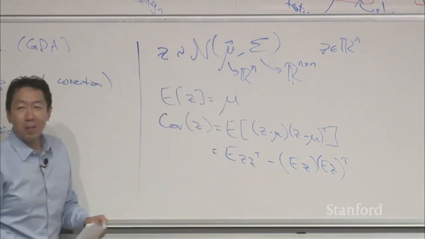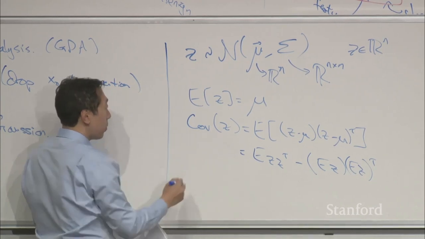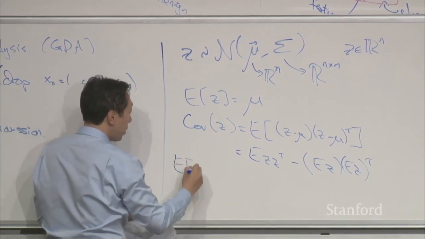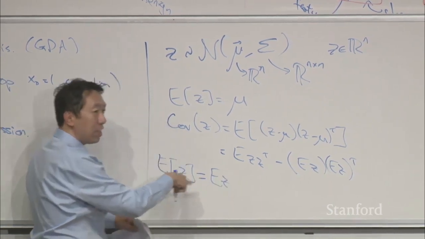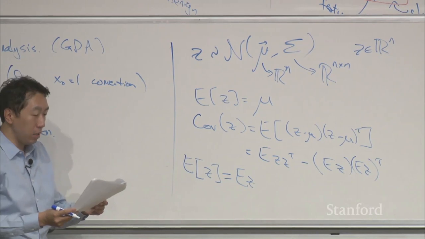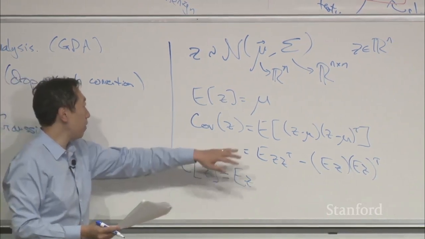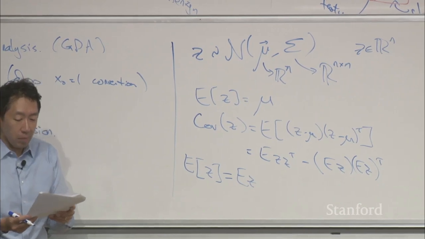Sorry, and following a semi-standard convention, I'm sometimes going to omit the square brackets. So instead of writing the expected value of Z, meaning the mean of Z, sometimes I just write it as EZ, and omit the square brackets to simplify the notation a bit. And the derivation from this step to this step is given in the lecture notes.